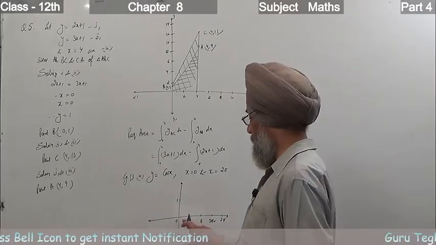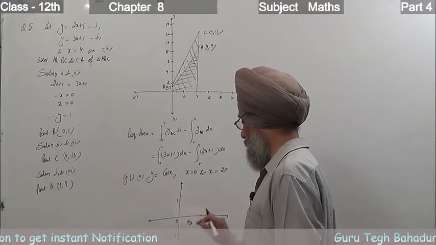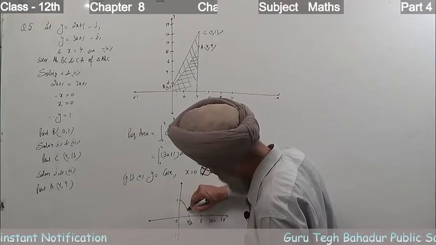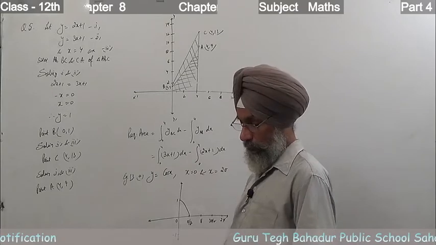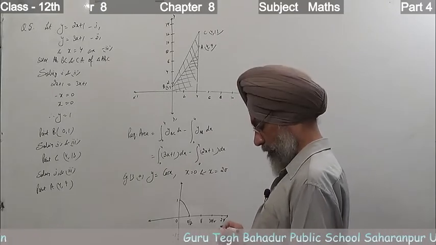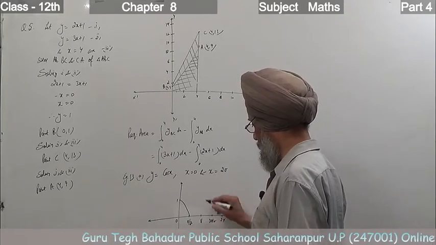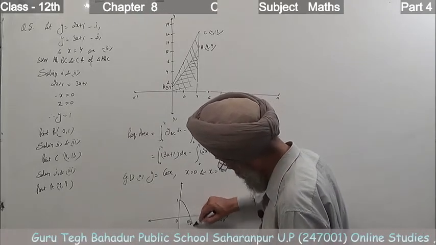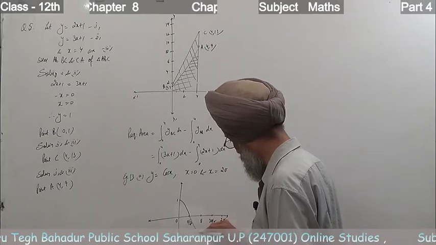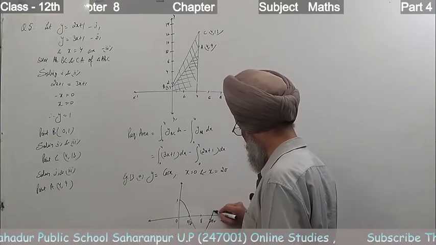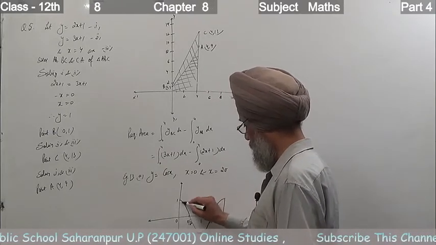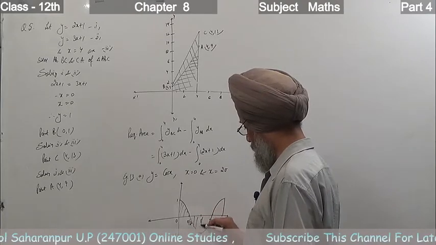At 0 the value of cos is 1. At pi by 2 it is 0. At pi it is minus 1. At 3 pi by 2 again it is 0. So it moves like this. Then at 2 pi it is positive. This we have to find out here.